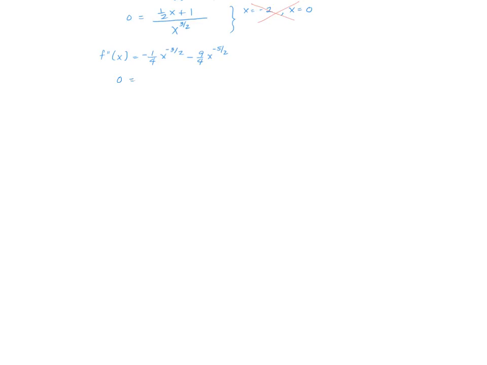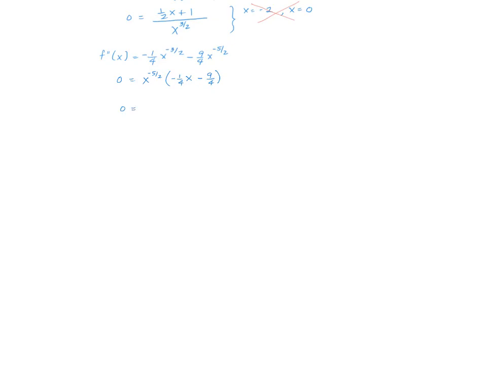And I can see that I can factor out an x to the negative 5 halves. I could probably take out a negative 1/4 as well, but I think I'm just going to stick with x to the negative 5 halves. What's left over will be a negative 1/4 x minus 9/4.